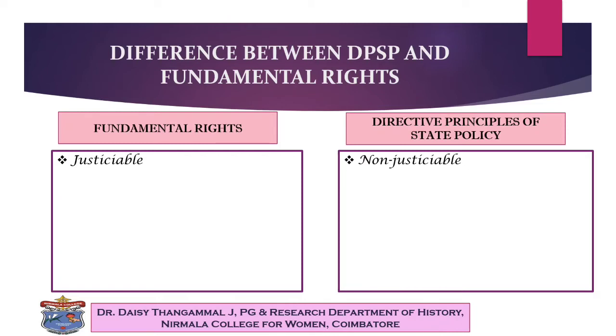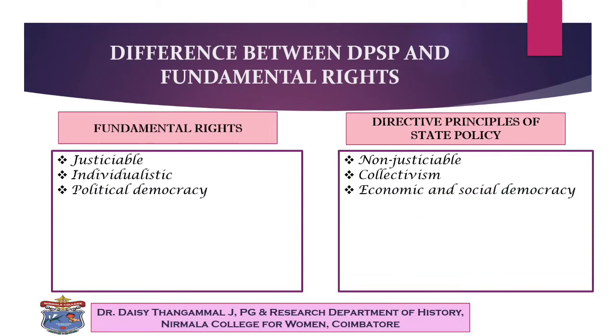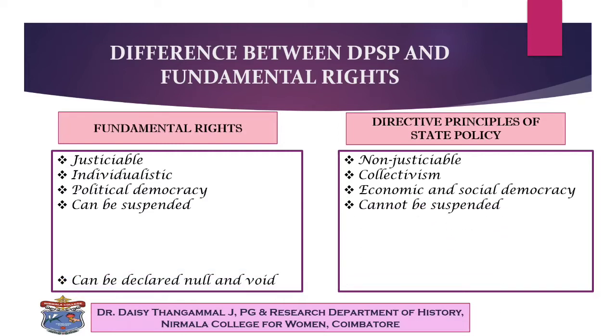Fundamental rights are individualistic in nature, while the Directive Principles trend more towards collectivism. Fundamental rights uphold the principle of political democracy, while the Directive Principles stand for economic and social democracy. Fundamental rights can be suspended during national emergency, while the Directive Principles cannot be suspended under any kind of emergency.